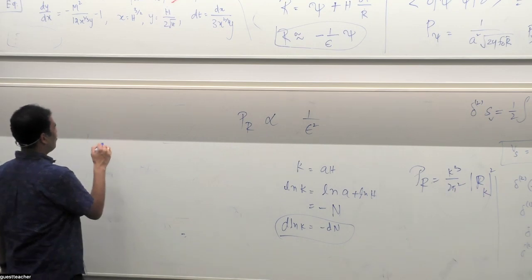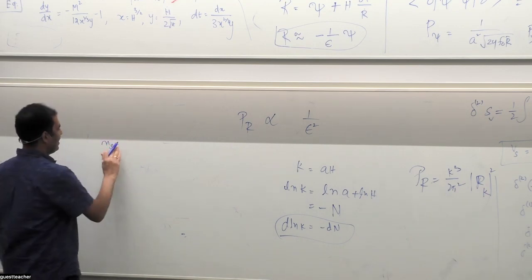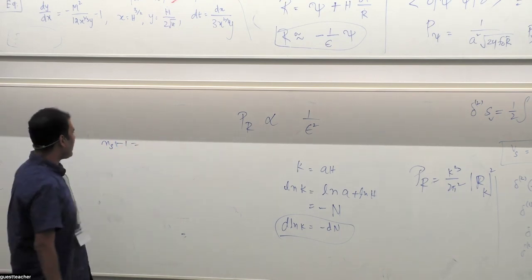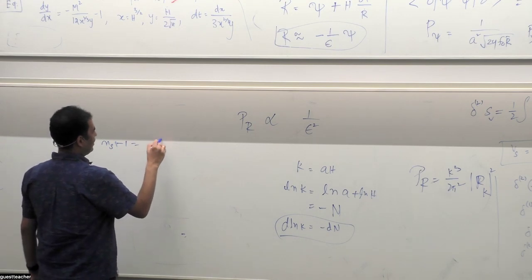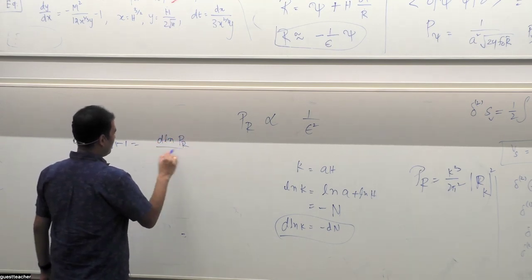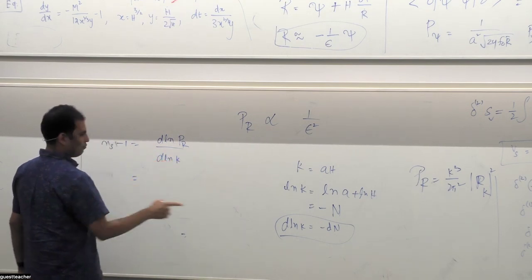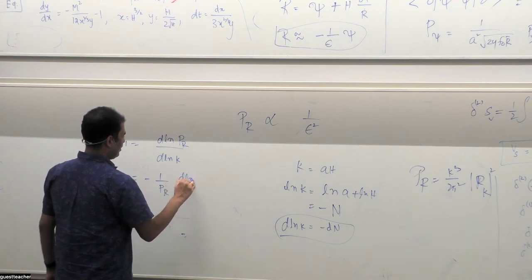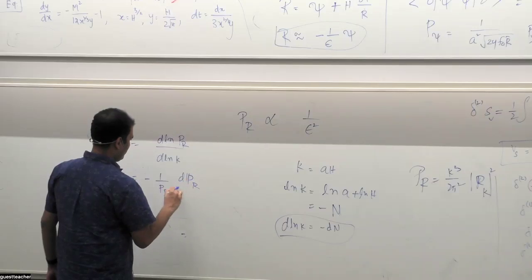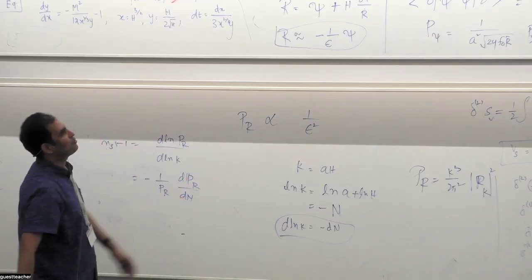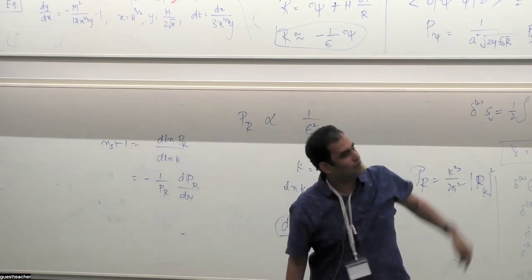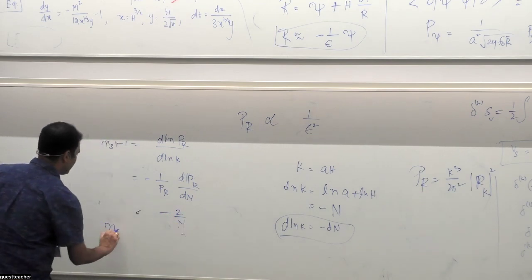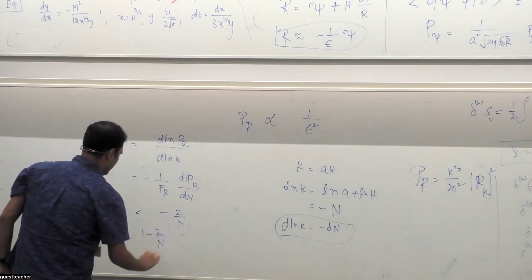Now you can compute the so-called tilt, which tells you how the power spectrum depends on k, and this is related to d ln P over d ln k. So it is 1 over P_R times dP_R by dN, and substituting our favorite epsilon equal to 1 over 2N, you get minus 2 over N, and n_s is 1 minus 2 over N.